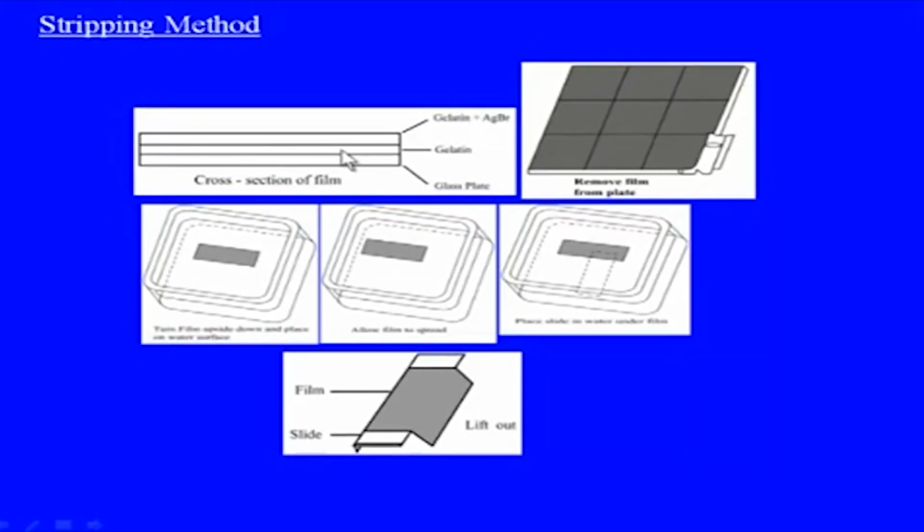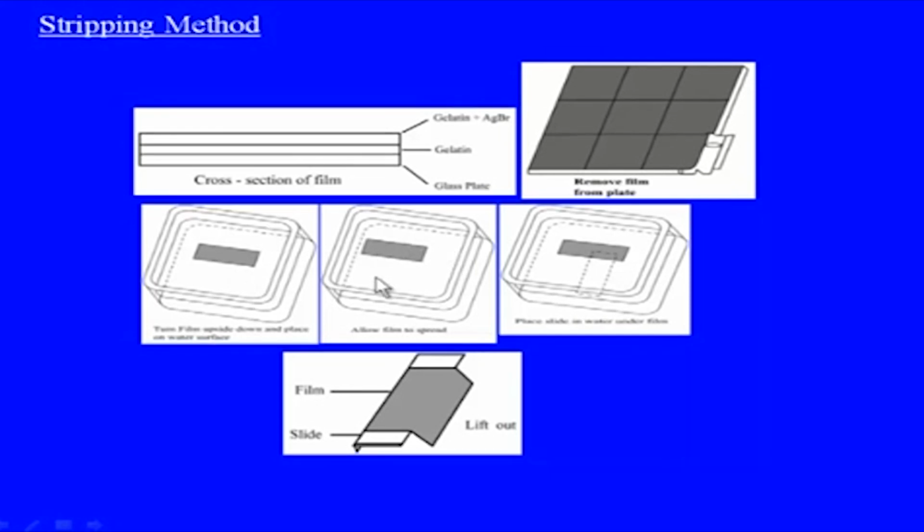Then there is the stripping method. Like I said, a sheet of commercially available stripping film is utilized, which can be removed with a razor blade. Let us see how this works. You have a cross section of the film here. It looks something like this. There are rectangular, or square, strips on a glass or plastic surface. With a razor you can remove each of these strips one by one. This is put into water and allowed to swell.